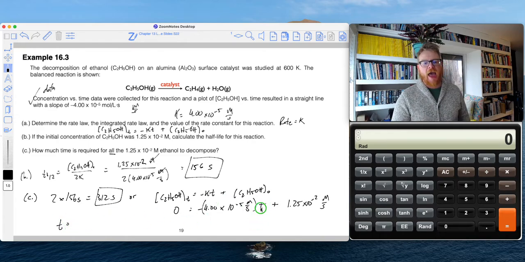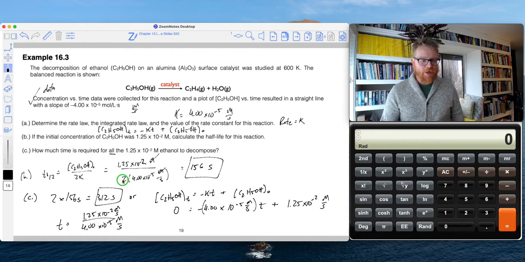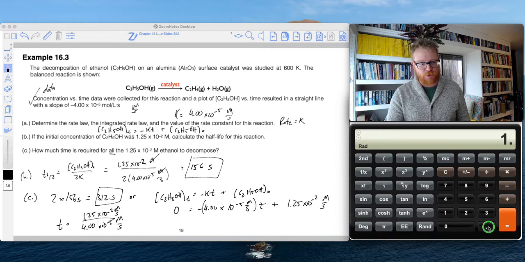I can do that by adding that whole chunk over and then dividing by the rate constant. So it's going to be 1.25 times 10 to the -2 molarity divided by 4.0 times 10 to the negative 5th molarity per second. And that's looking very familiar to this calculation. It's just missing the number 2. So hopefully you can see that this is going to work out to that 312 seconds.